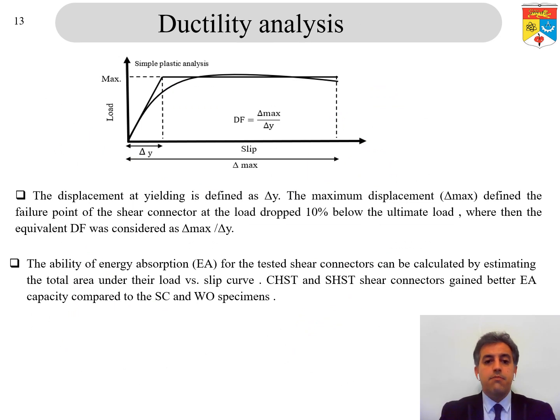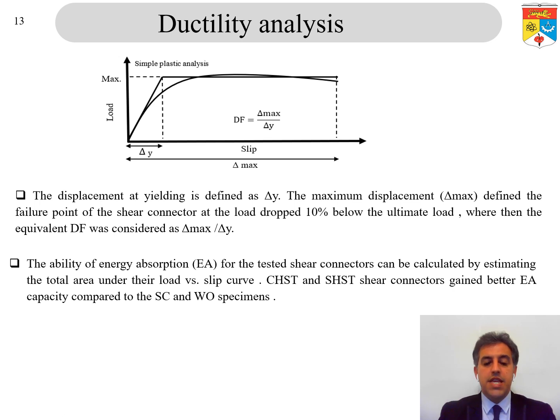A simple plastic analysis was used to investigate the ductility behavior of the shear connectors. The displacement at yield is defined as delta y, and delta max defines the failure point of the shear connector at the load drop 10% below the ultimate load.